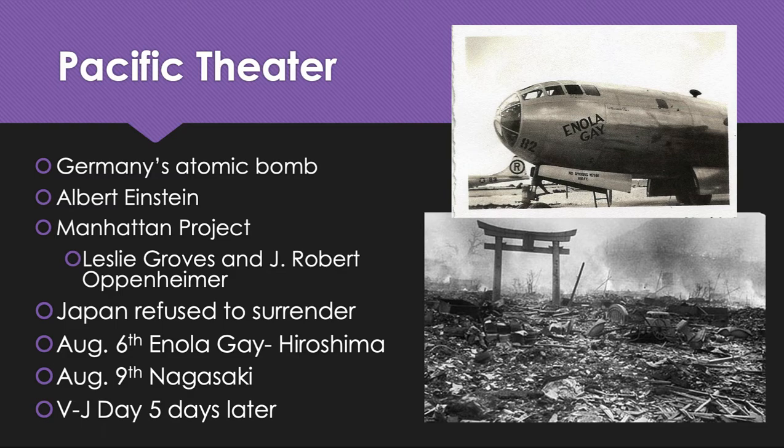Just 3 days later, still with no surrender declared, on August 9th, Fat Man is going to be dropped over Nagasaki, which was a site of a torpedo building plant, and it's going to destroy more than 3 square miles of the city. The combined two bombs are going to kill over 100,000 people and absolutely level these two Japanese cities.